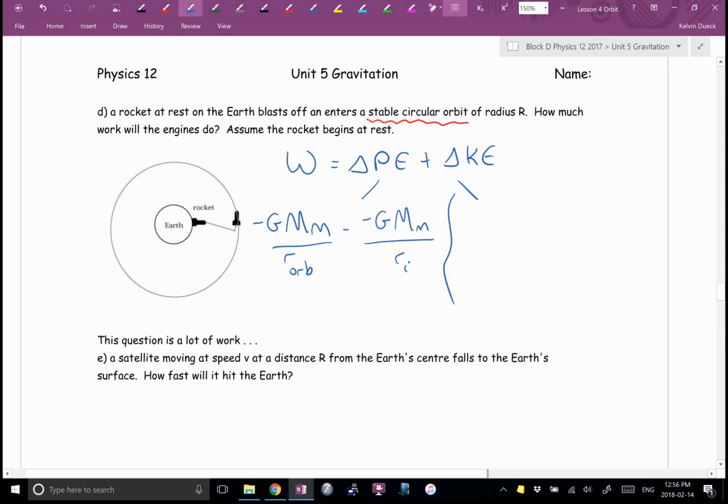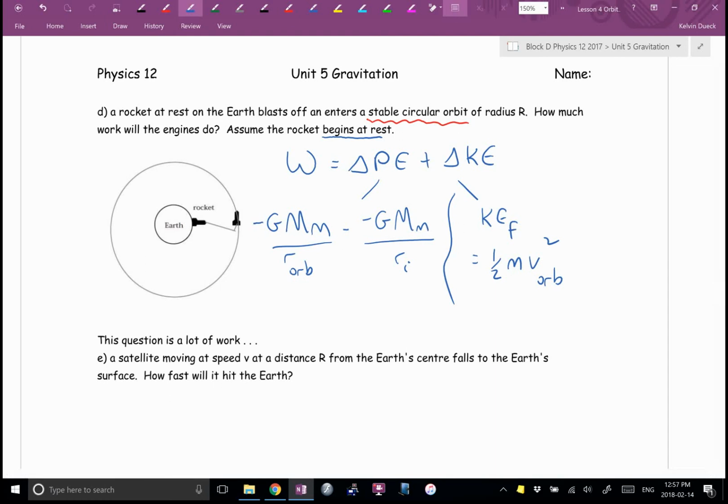The change in kinetic, what's changing anything? We said always assume we're launching from the Fortress of Solitude at Superman's North Pole. So the change in kinetic is just kinetic energy final, which is a half m v orbit squared. I might give you the orbital speed.